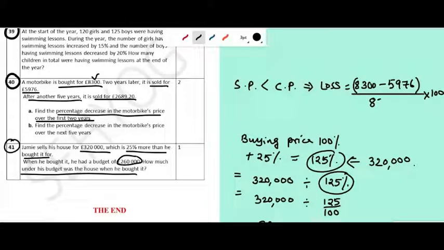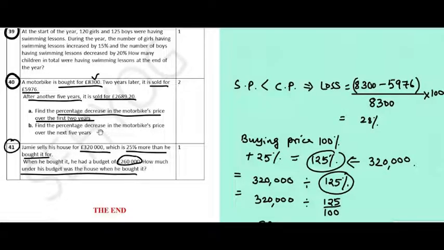So the original price is 8,300 and when we calculate this, we get 28% as the answer.